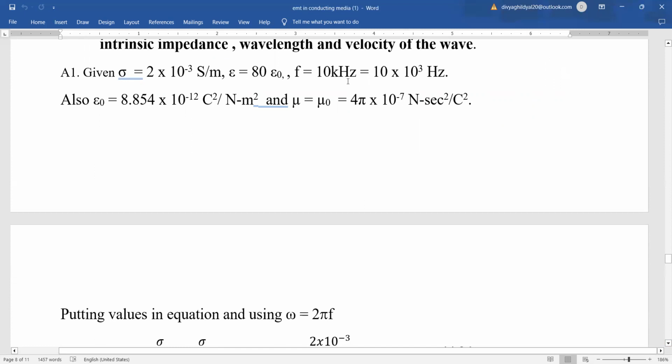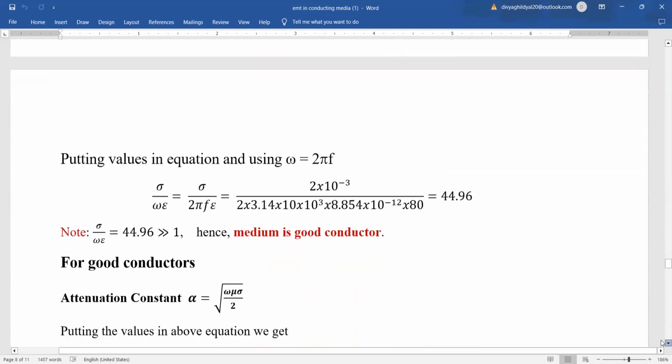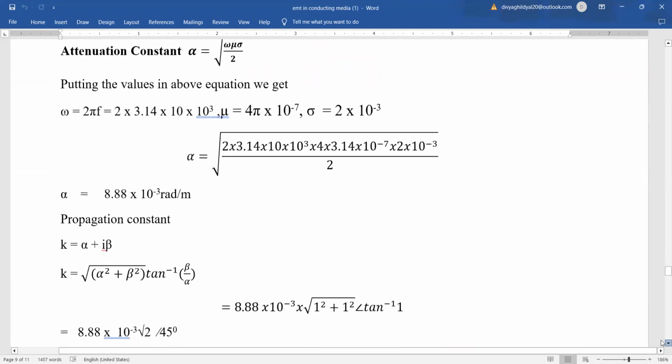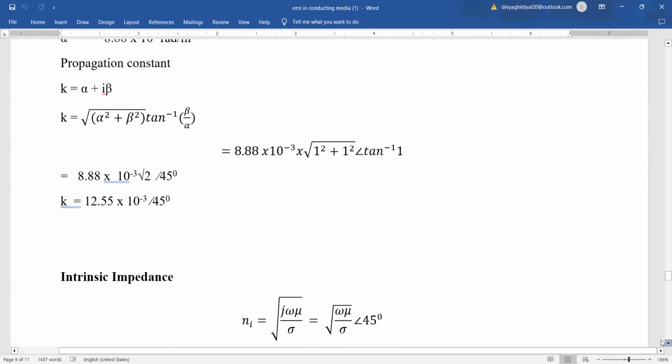Frequency is 10 kilohertz, which we will change into hertz, so we will multiply it by 10 to the power of 3. Epsilon naught is equal to 8.85 into 10 to the power of minus 12. Mu naught is equal to 4 pi into 10 to the power of minus 7. We will put all these numerical values in the formulas, and accordingly we will get the answers, as you can see here on the screen.